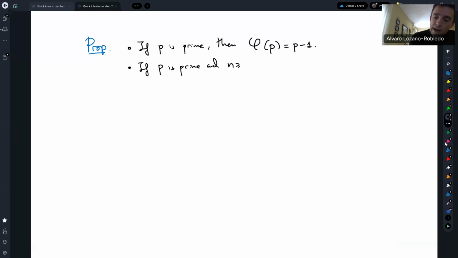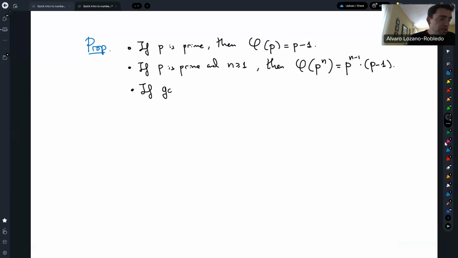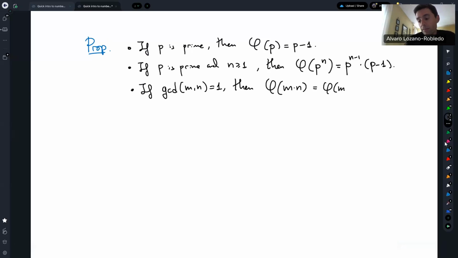If p is prime and n is greater than or equal to 1, then you can prove that the number of units modulo p to the n is p to the n minus 1 times p minus 1. And finally, if the GCD of m and n is 1, then phi of a product of relatively prime numbers is the product of the phi's.